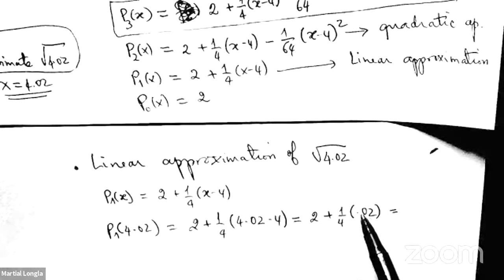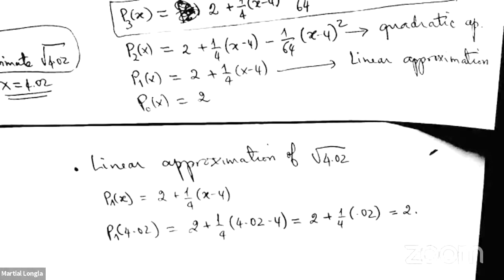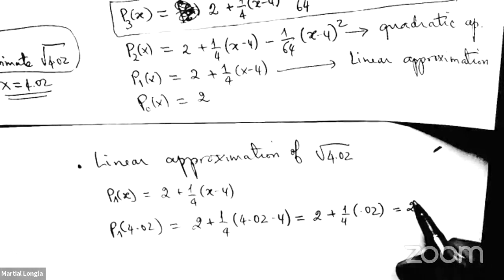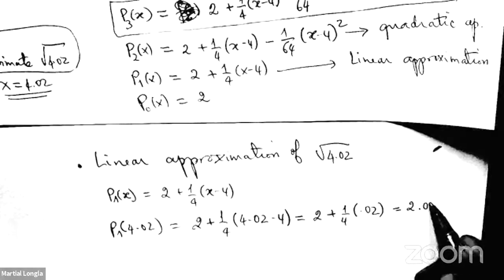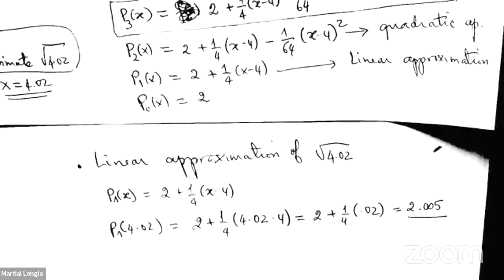And divide this by 2, that's 0.01, and 0.01 divided by 2. So that's what you would get.